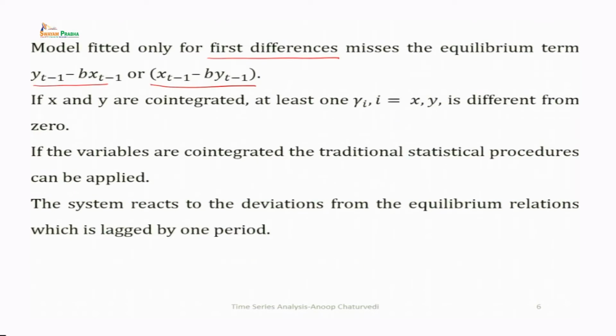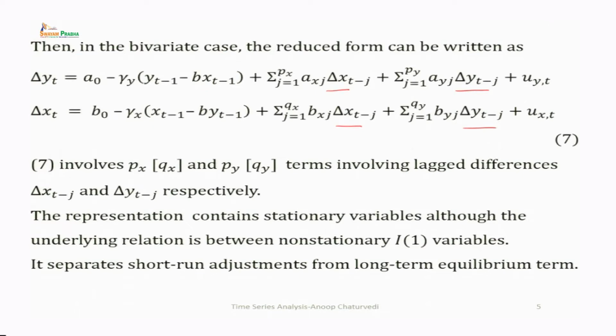Say, in the first equation, you observe that you have delta y t here and minus gamma y t minus 1 here, or you can say y t is equal to 1 minus gamma y t minus 1.